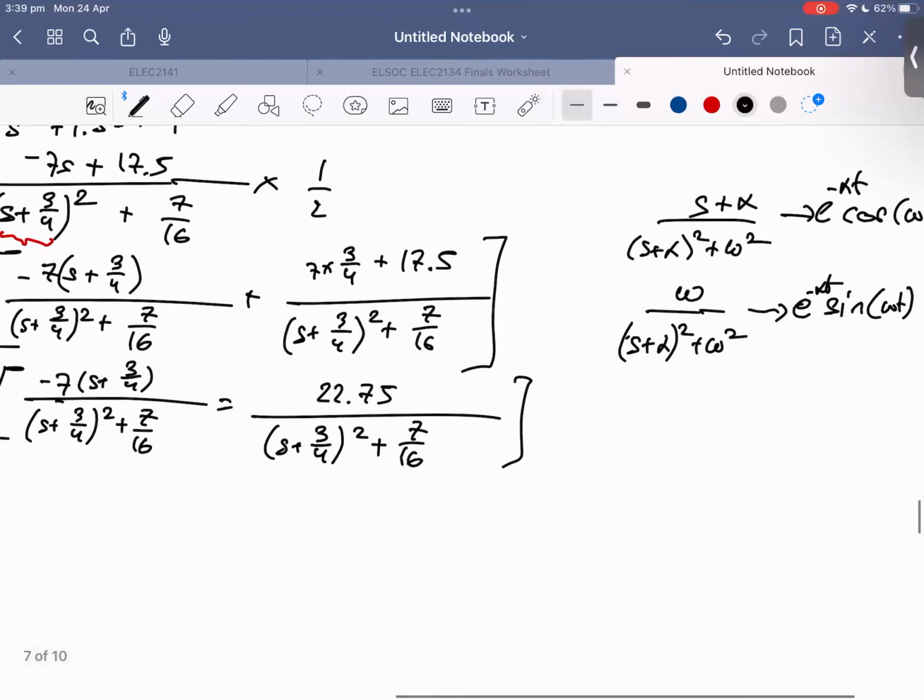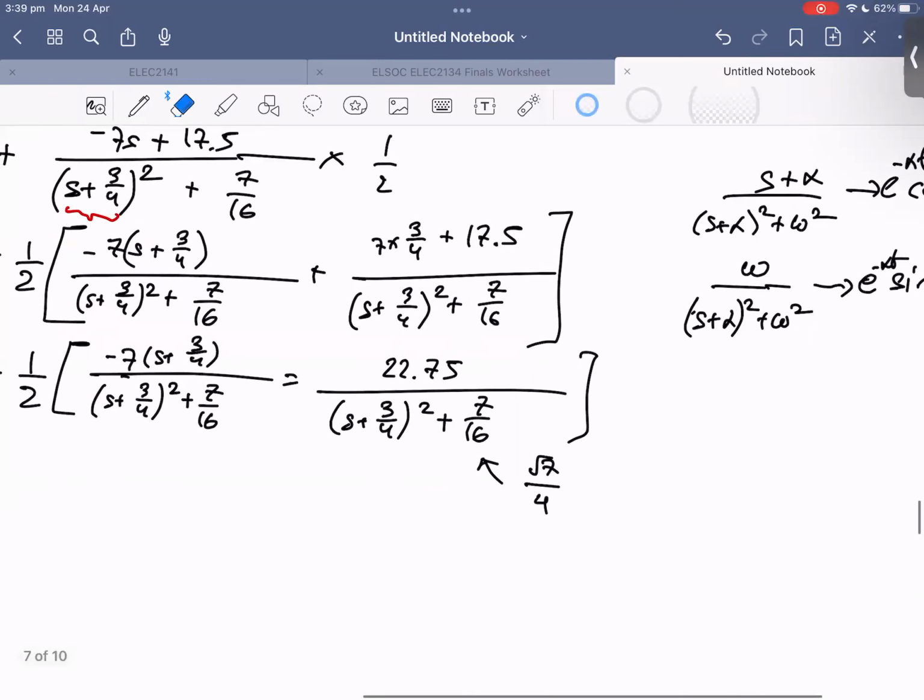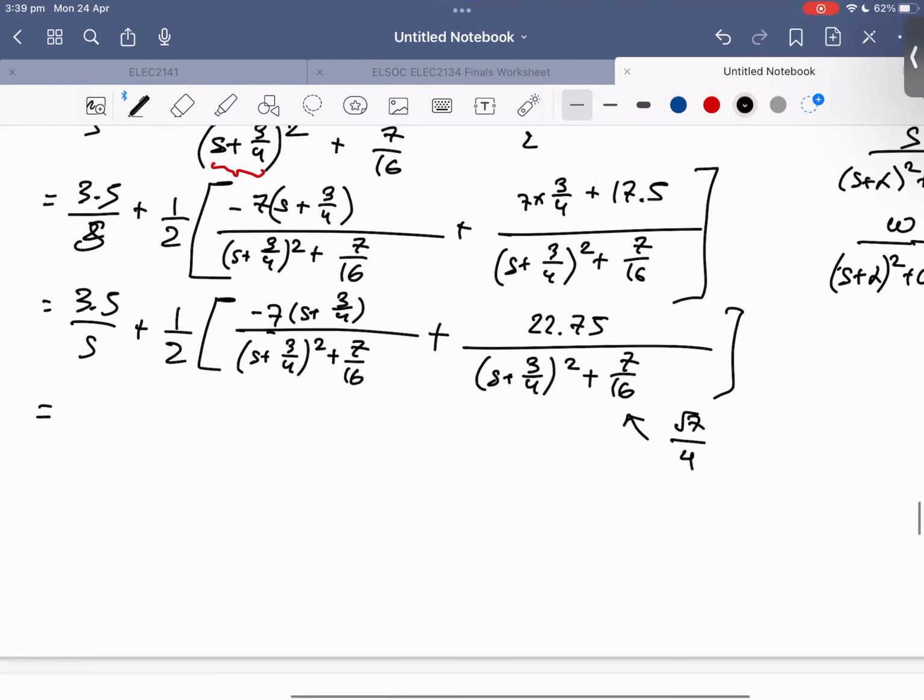So my omega here is the square root of that, so it's square root of 7 over 4. So I need that on the top. Plus a half.